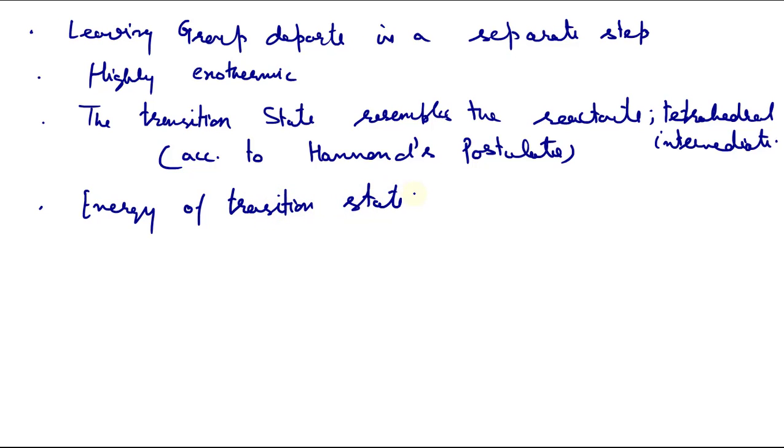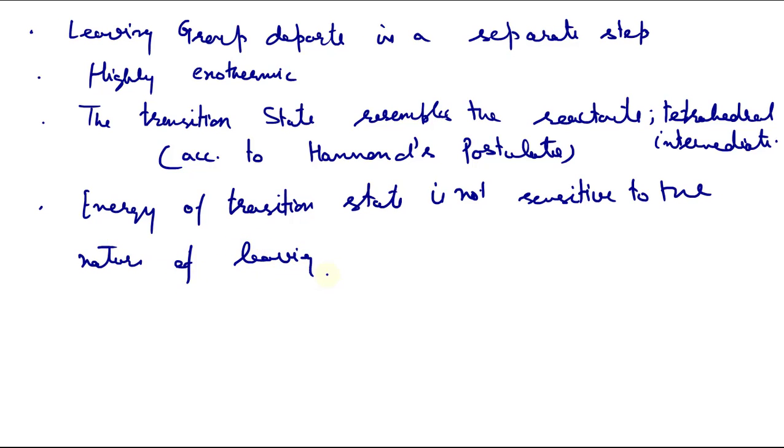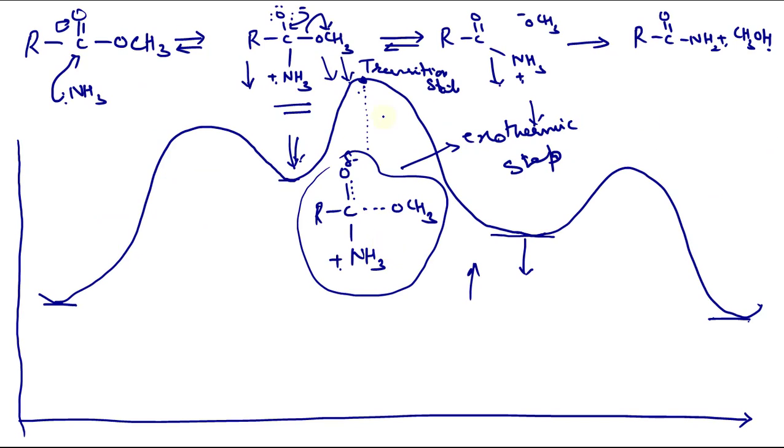The reason being that the geometry of the transition state is similar to the reactants, and this bond has not yet started to cleave. So this bond is intact. The energy of the transition state depends upon the tetrahedral intermediate, and in this intermediate the C-O bond has not started to get cleaved.